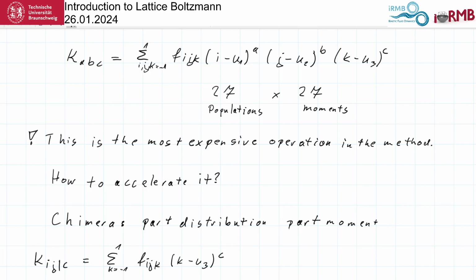So of these things, there are actually 27. You have to do this 27 times, yeah? But the summation goes only over 3.